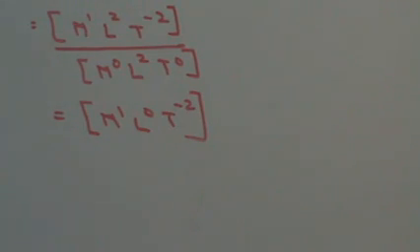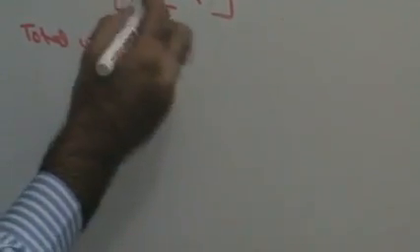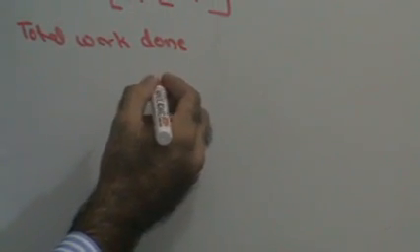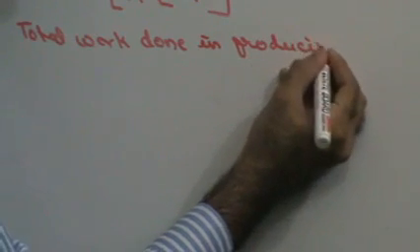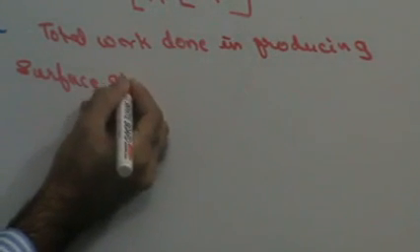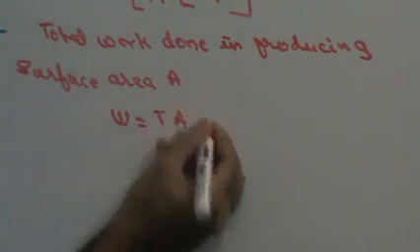Now, in that case, I can also say that the total work done in producing surface area A can be written as work is going to be surface tension into area, right?